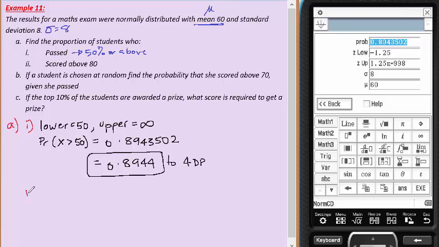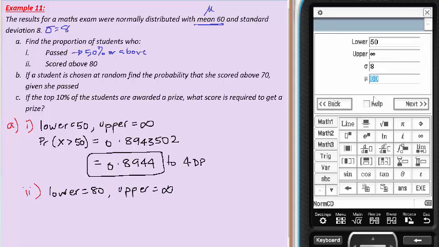Part 2 asks for a score above 80. Exactly the same idea here. My lower is going to be 80, my upper is going to be infinity. I'll go back a step.